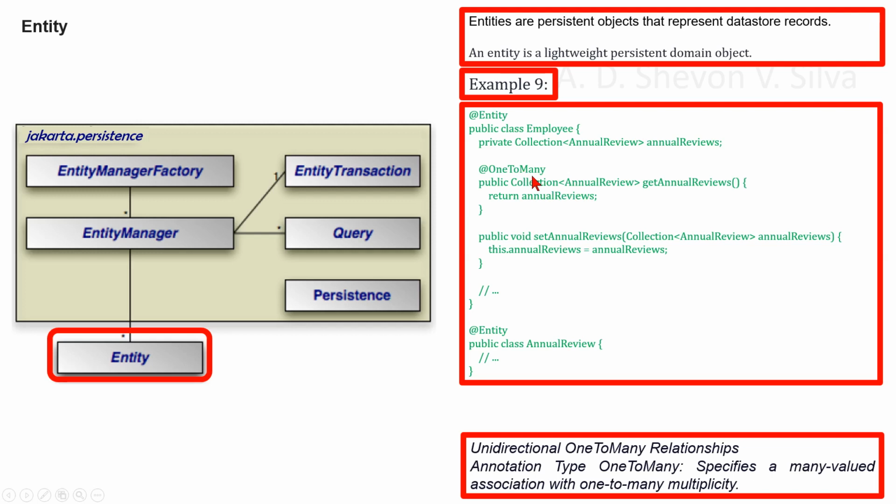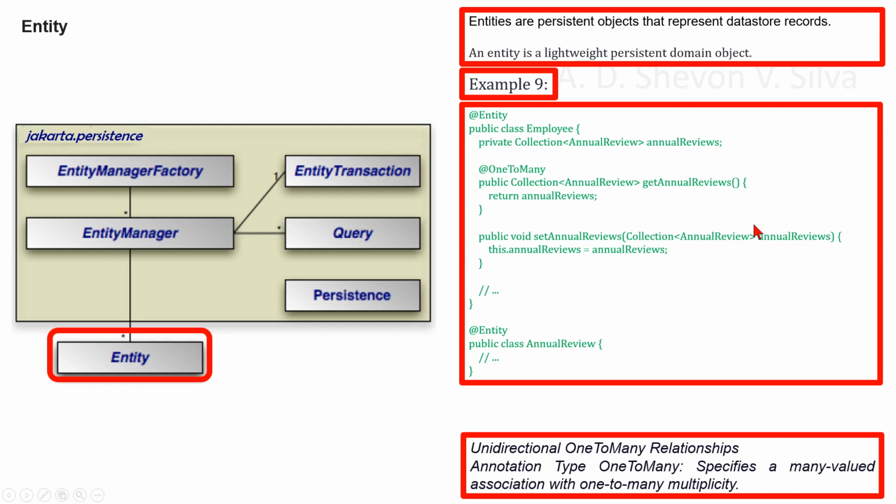The entity employee references a collection of entity annual review, and entity annual review does not reference entity employee. Entity employee is the owner of the relationship.